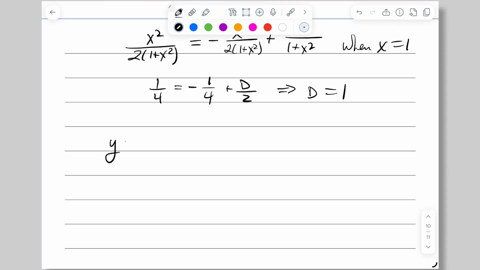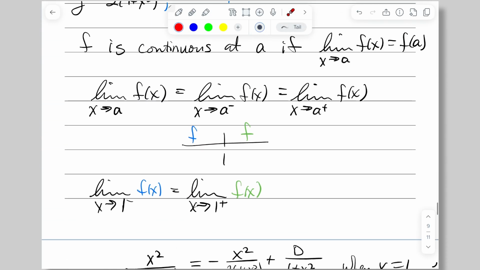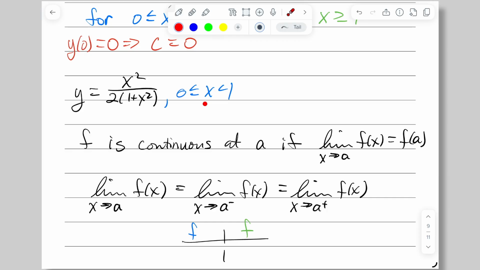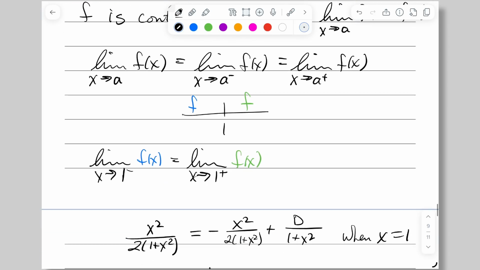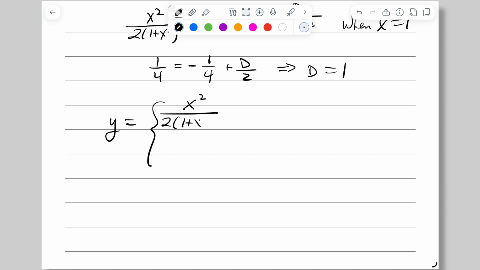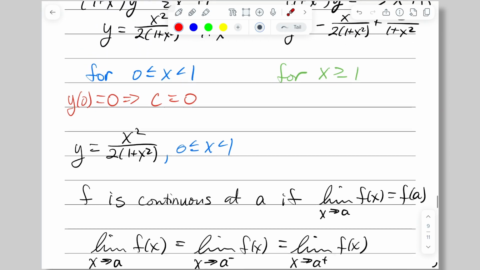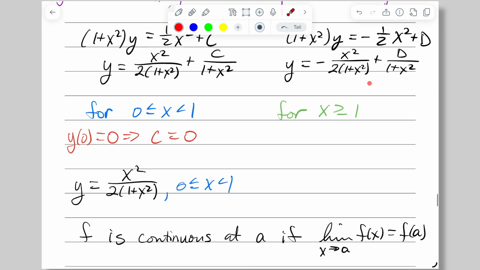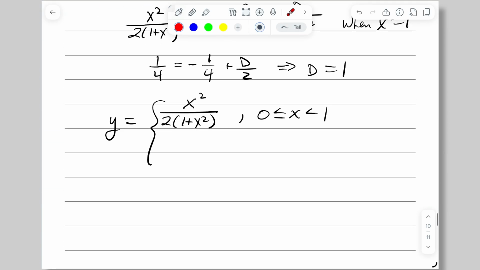Putting it all together, y has a piecewise solution. For the interval from 0 to 1, inclusive at 0, we have x squared over 2 times (1 plus x squared). For the interval to the right of 1, we've got our other definition, or other solution, I should say, which is negative x squared over 2 times the quantity of 1 plus x squared, plus 1 over 1 plus x squared.